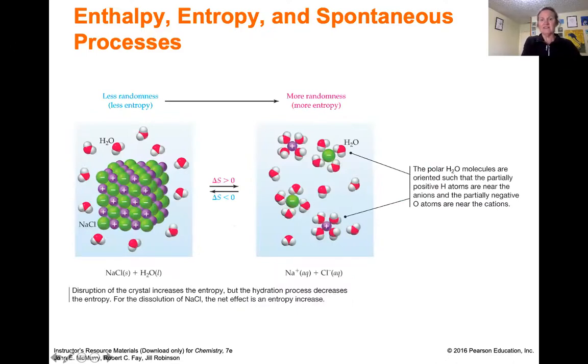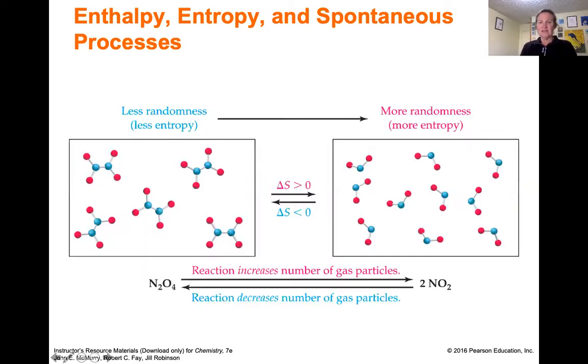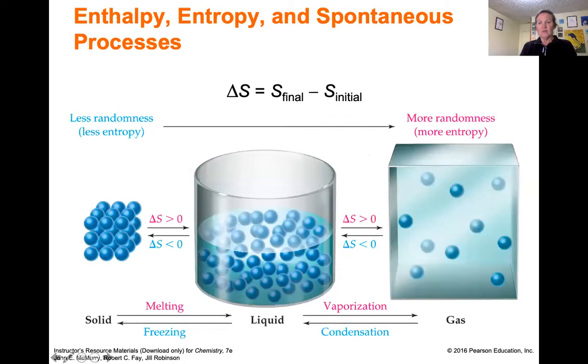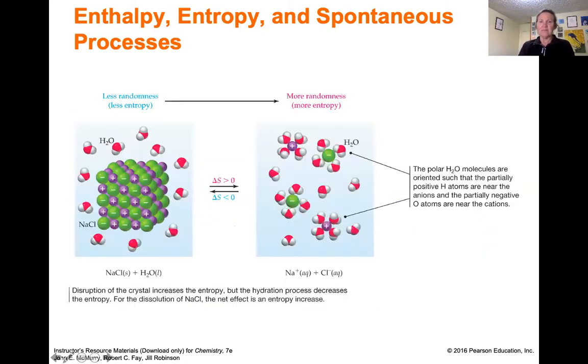It's not always quite that easy. When it's a reaction, that's pretty easy. When it's simply a phase transition, that's pretty easy. But when you have a situation where on the left-hand side you have a solid and a liquid, and you make a solution out of the two, there's some increase in entropy, but then there's some decrease in entropy as well.